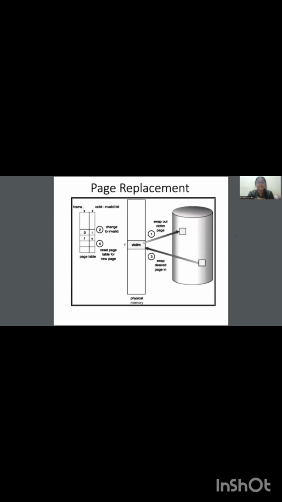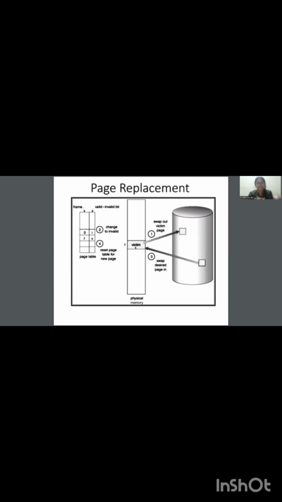As we can see in this presentation, we have the physical memory and the page table consisting of the victim's frame number and the new page's frame number. It involves four steps basically. The first step consists of swapping out the victim page.